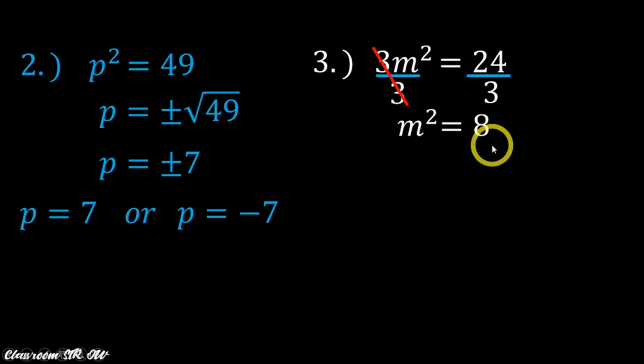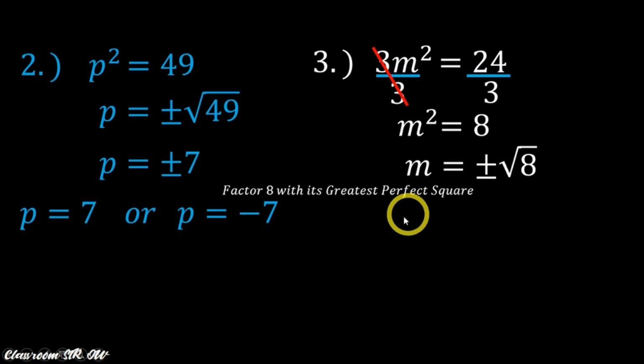Now, applying our square root principle, we have m is equal to positive negative square root of 8. But since 8 is not a perfect square, what we are going to do is factor 8 with its greatest perfect square. So what does it mean? We will look for two factors of 8 where one of the factors is the greatest perfect square.